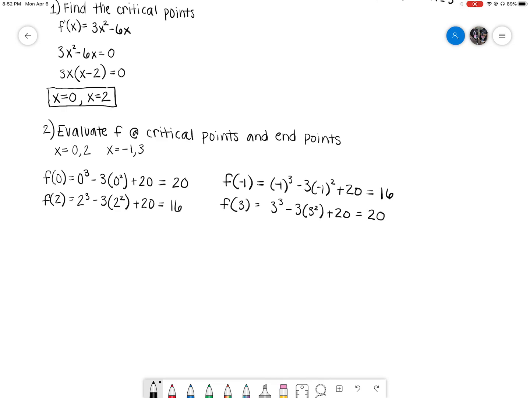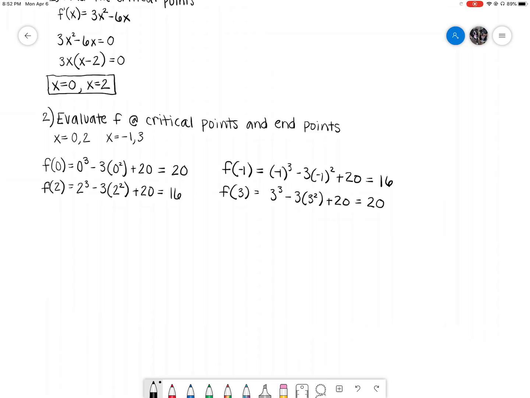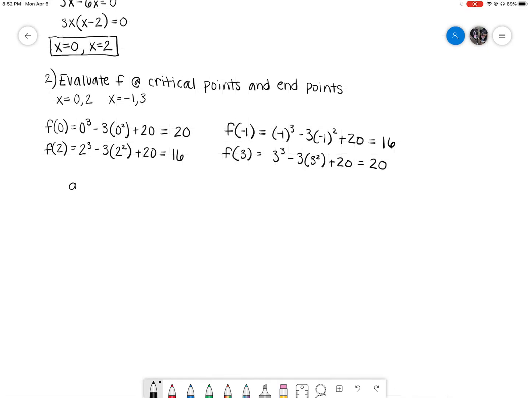It's fine for there to be 2 or 3 or however many. So that tells us that we have a global minimum of 16 at x equal to -1 and x equal to 2.